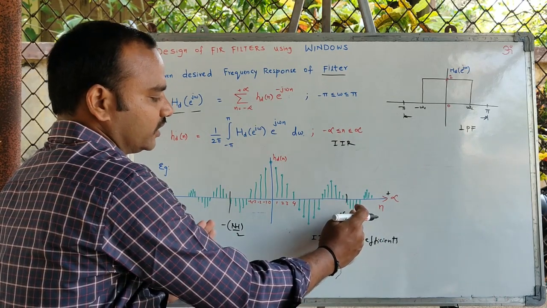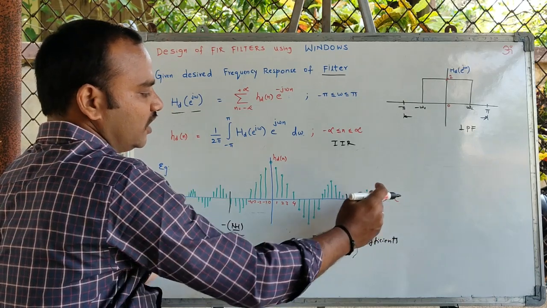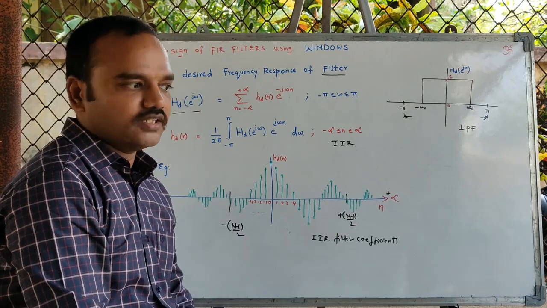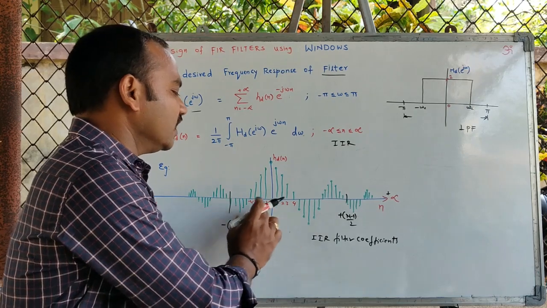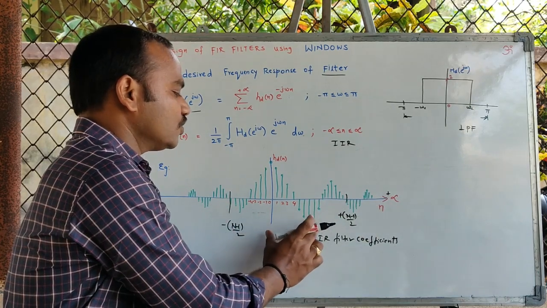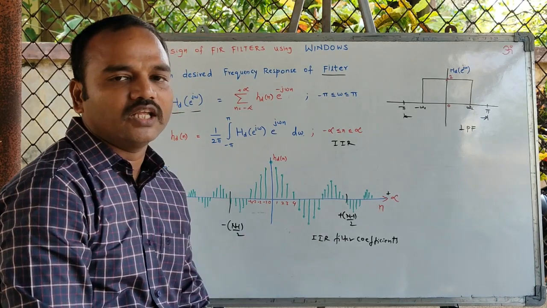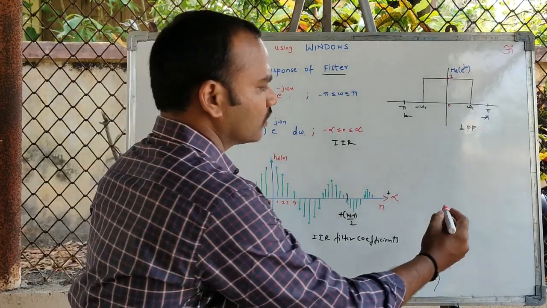This abrupt truncation of the infinite filter coefficients has some disadvantages. The first one is that abruptly truncating the infinitely extending filter coefficients to a finite number of samples results in the Gibbs phenomenon in the frequency response of the filter.